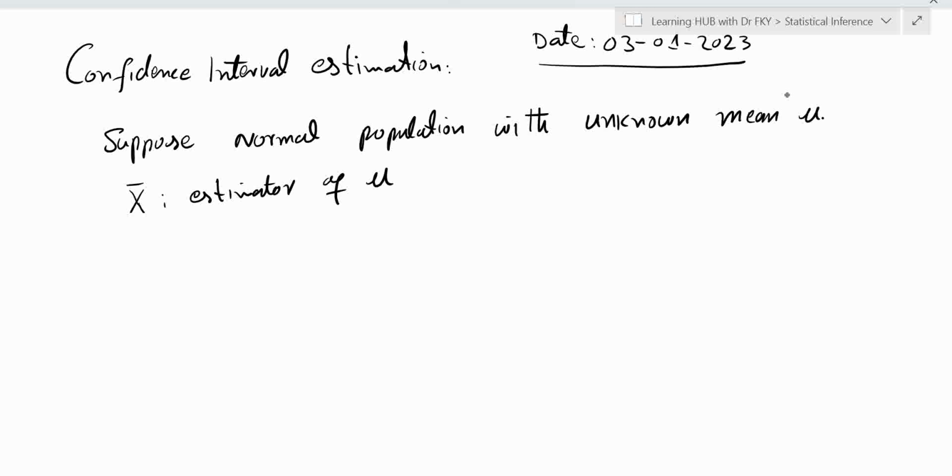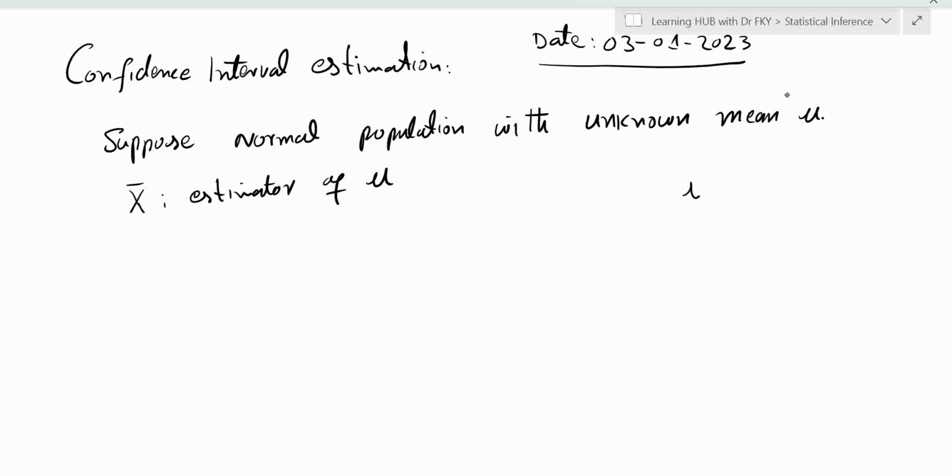So this may be equal or not equal, and most probably it's not equal. In very rare cases, this can be equal to the true mean of the population. Therefore, we need to have some probabilistic range in which we believe with some confidence that the true value will lie. Let me explain this graphically.